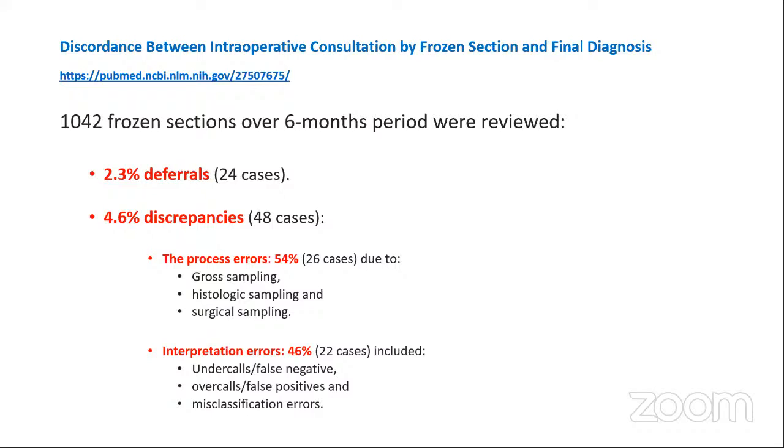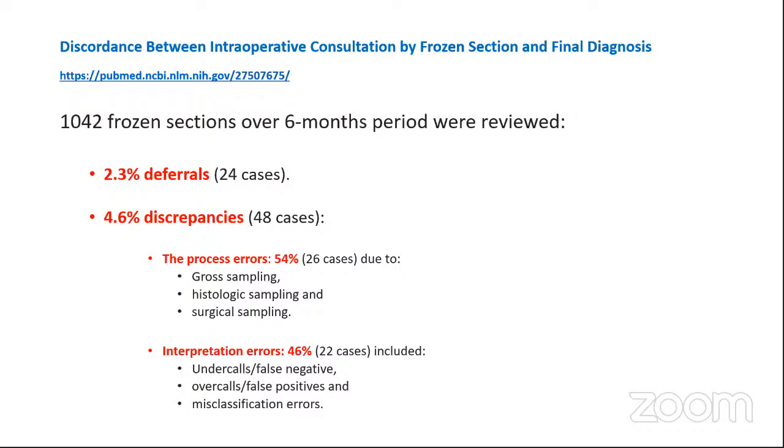The discrepancy was because of processing errors and interpretation errors. The processing errors were 54%, and the interpretation errors were 46%. The processing errors, as we indicated before, were gross sampling, histologic sampling, and surgical sampling, and interpretation errors were undercall, overcall, or misclassification of tumor.